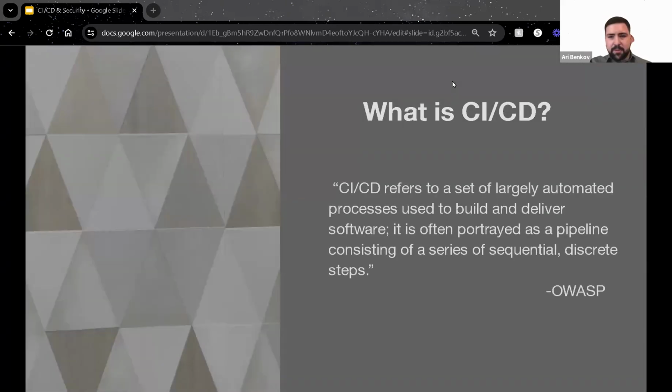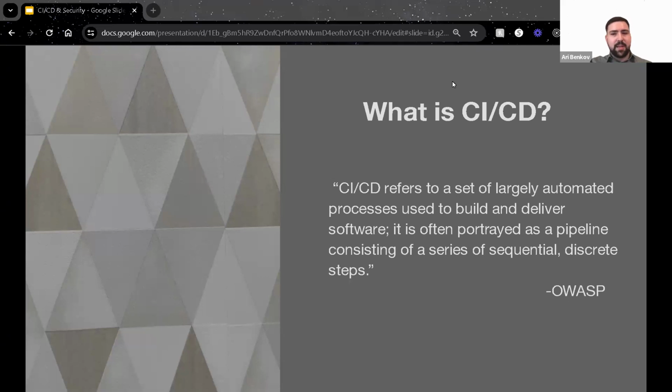Let's begin by understanding what CI/CD is and how security fits into the picture. The Open Worldwide Application Security Project, or OWASP, says CI/CD refers to a set of largely automated processes used to build and deliver software. It is often portrayed as a pipeline consisting of a series of sequential, discrete steps.